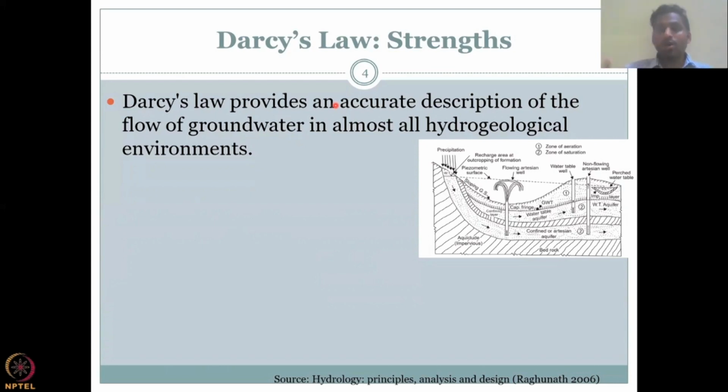These rocks and soil do not evolve, which means it is the same thing. The only evolution is that it weathers from the parent rock into soil. So all this has been documented very clearly in Freeze and Cherry's groundwater book, and that data is still used for assuming or estimating the hydraulic conductivity.